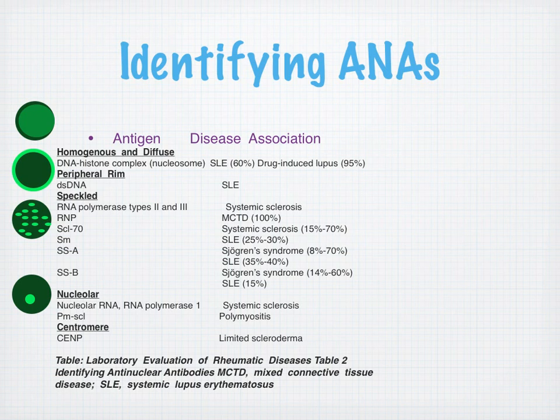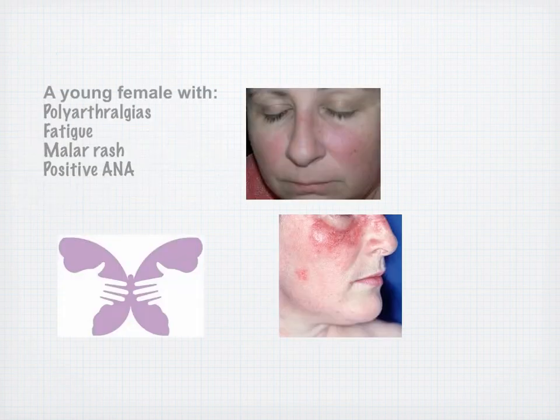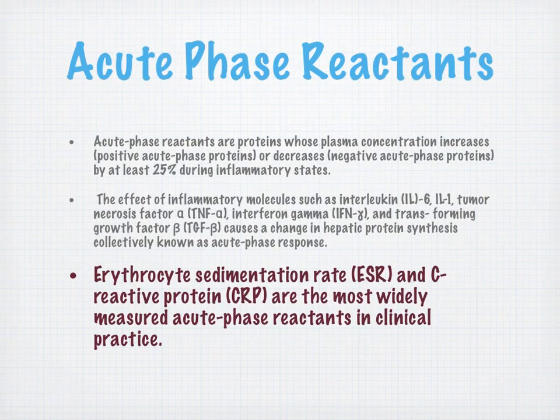You can see which disease is associated with which antigen. So ANAs can provide further diagnostic and prognostic data concerning patients who have minimal symptoms or who have clinical features of more than one autoimmune disease, such as a young female with polyarthralgias, fatigue, malar rash, and a positive ANA. Looks like lupus from here.